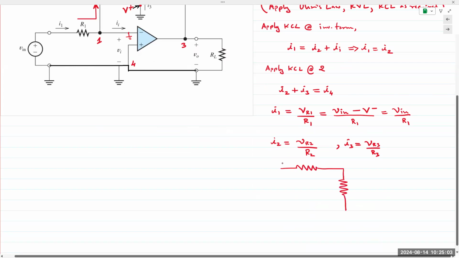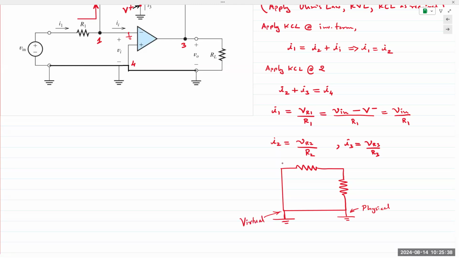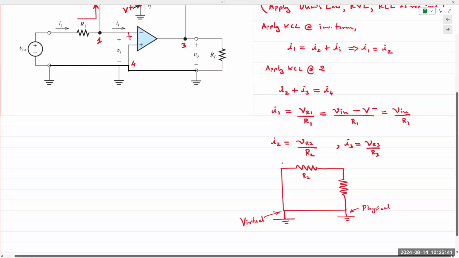And this would be R3. And then both are technically connected to ground. This is the physical connection that is already shown to us. And this is the virtual ground. This is R2. This is R3. Let's bring this down.